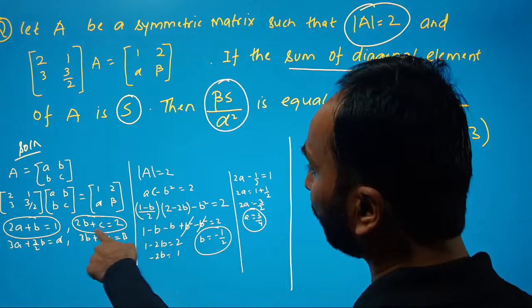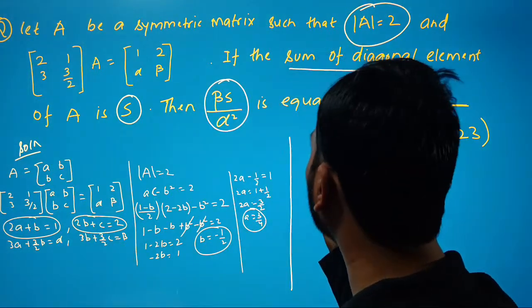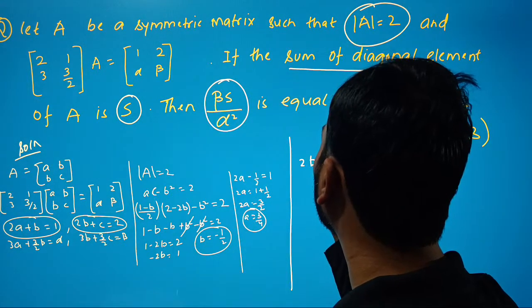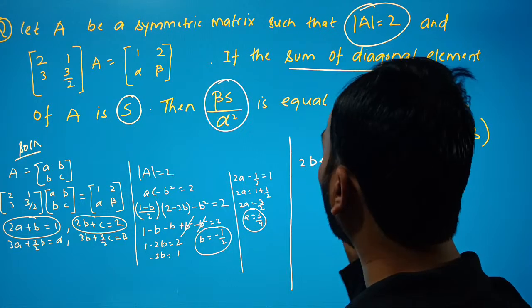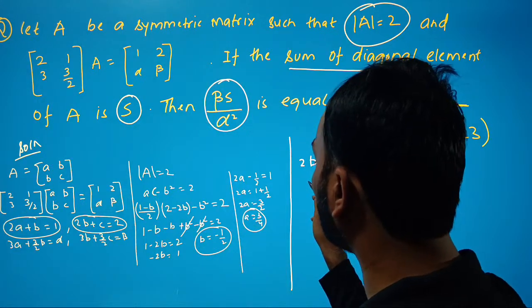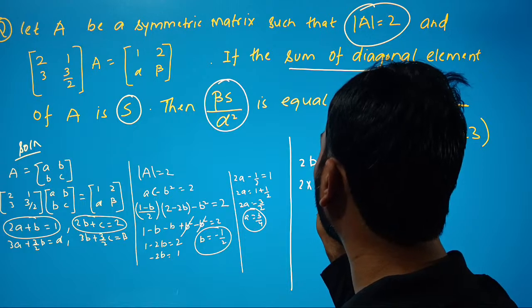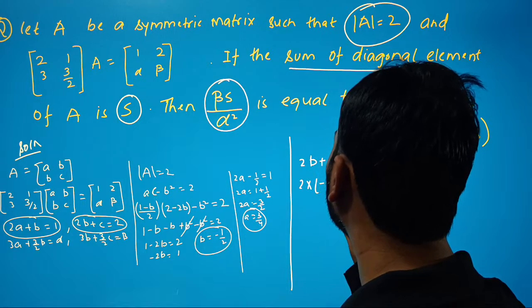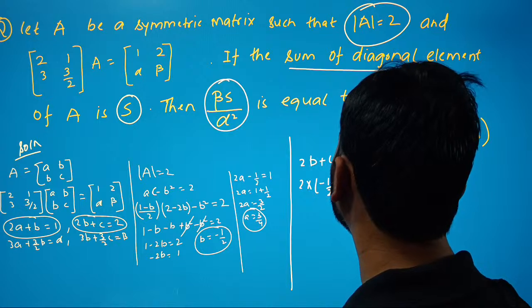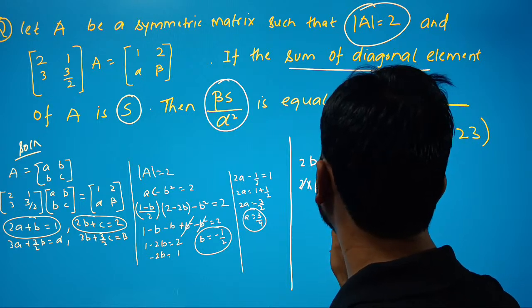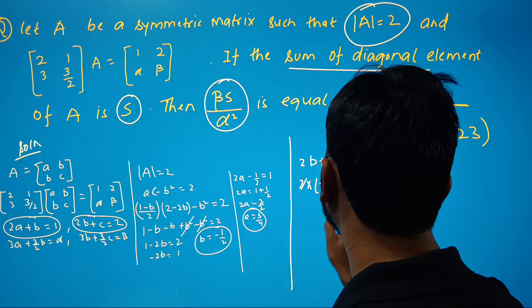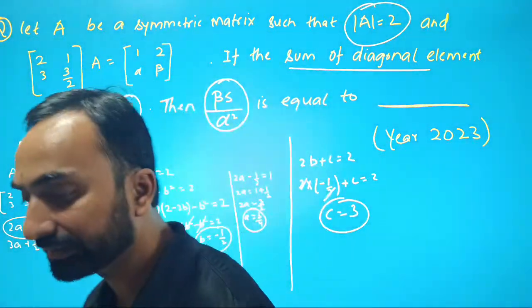Just put the value of B in this equation. 2B plus C is equal to 2, right? So 2 multiplied by minus half plus C is equal to 2. So this 2 will get cancelled and C is equal to 3. What we got is C is equal to 3.